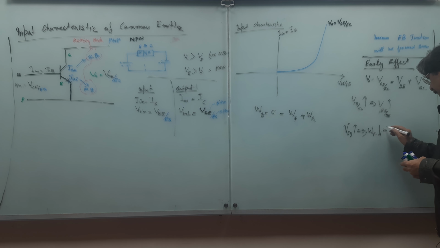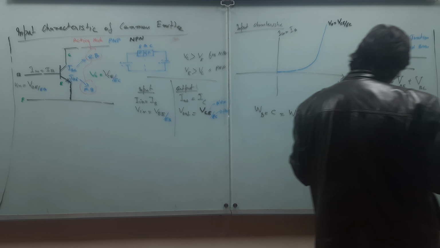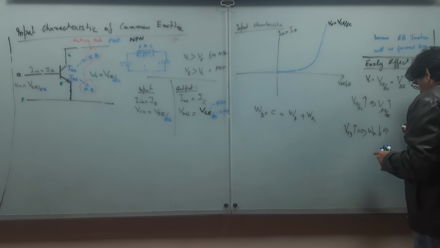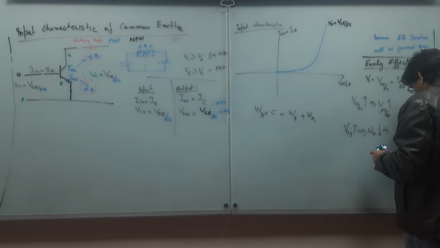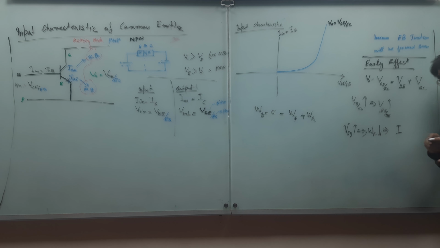ये यहां रिवर्सिबल है, ये आपको पता चलेगा वो किस तरह इंक्रीज हो रहा है. So forward bias is increasing, when EB will be increasing.